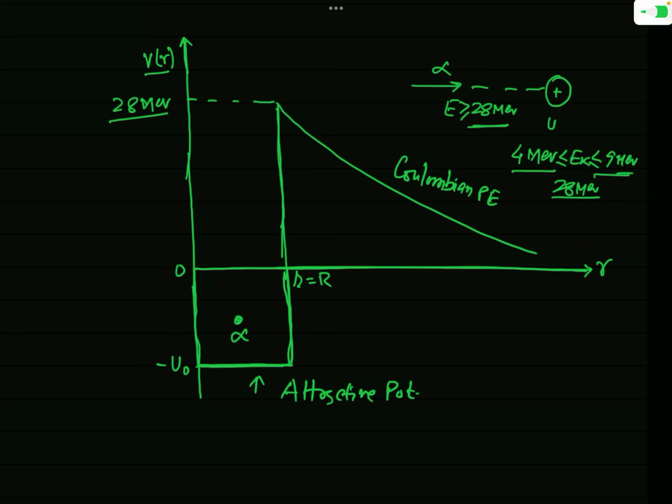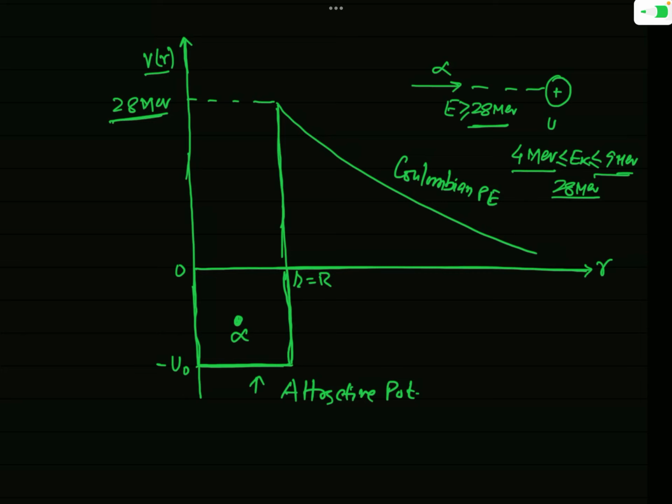According to classical mechanics, an alpha particle trapped inside this potential well, that is inside this nucleus, will escape through the potential barrier only when its energy is greater than 28 mega electron volt. This is the classical concept.